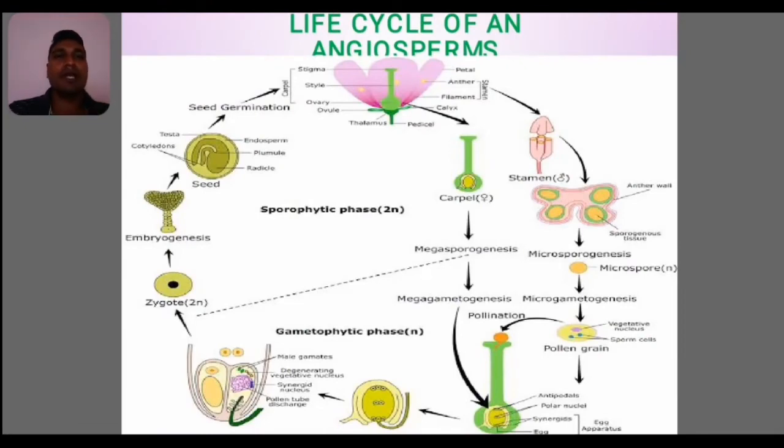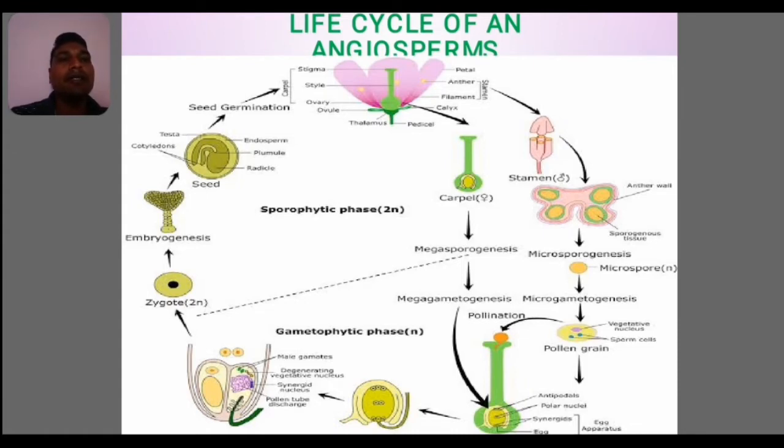When we look at the life cycle of an angiospermic plant, it consists of two main phases: one is the sporophytic phase and the other is the gametophytic phase. The sporophytic phase is completely diploid and starts from the zygote and ends at microsporogenesis, the formation of microspores or pollen grains.